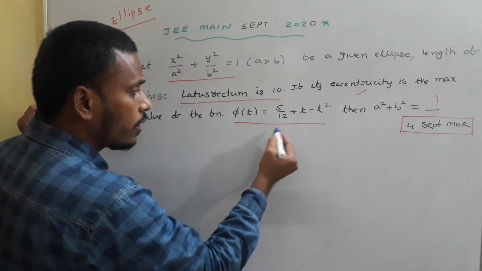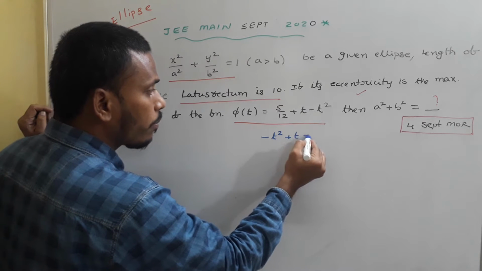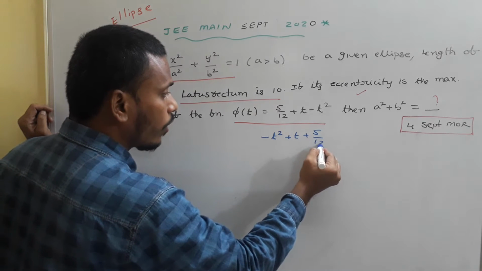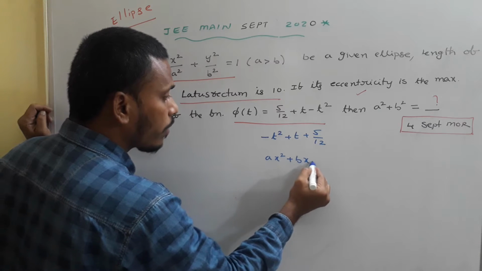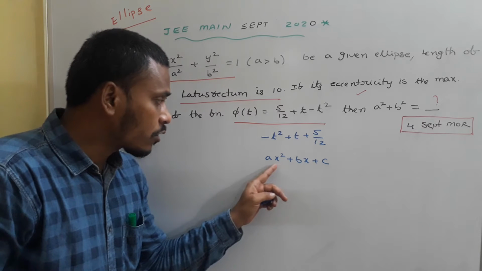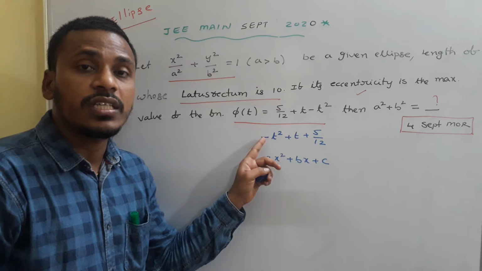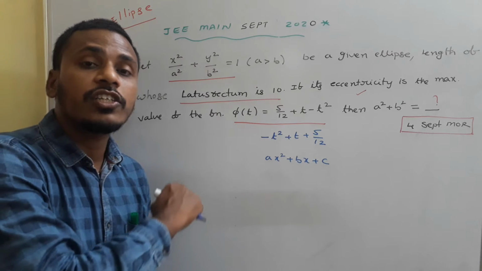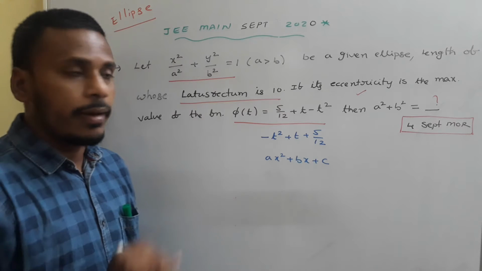So just compare this equation, minus t square plus t plus 5 by 12, with ax square plus bx plus c, the general quadratic expression. The x square coefficient is a; here the t square coefficient is minus 1. Since it is negative, the parabola opens downward, and so it has a maximum.